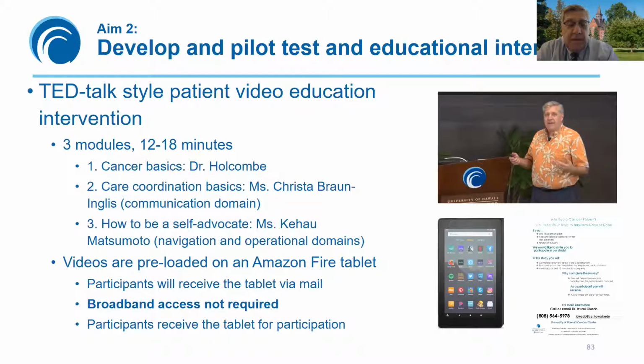This will actually be an incentive that the patients will get because they'll be able to keep this tablet afterwards. And we're doing this because many of the areas where we're targeting do not have broadband access, and patients don't have good internet to be able to log on to these videos otherwise.